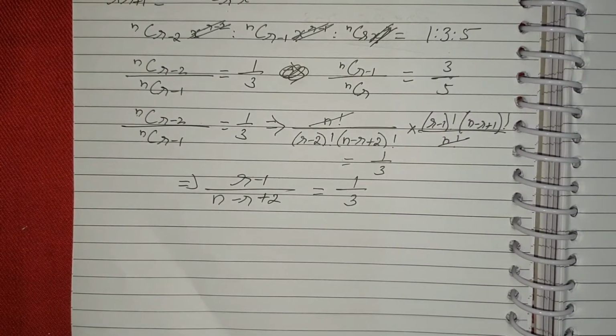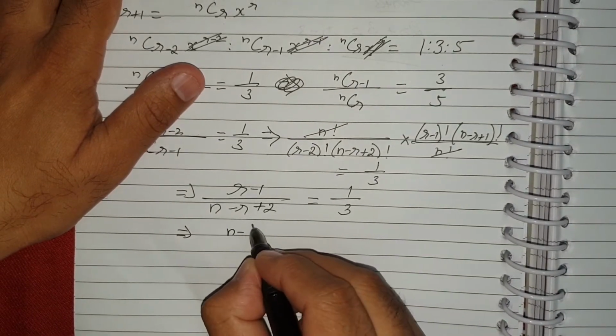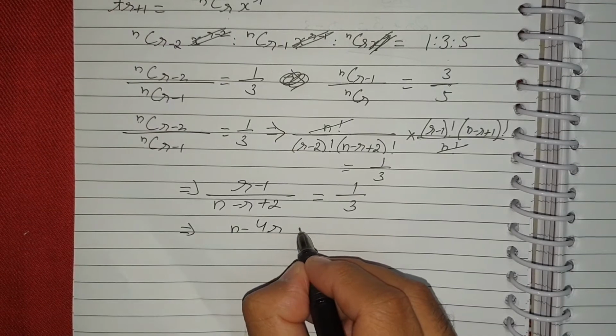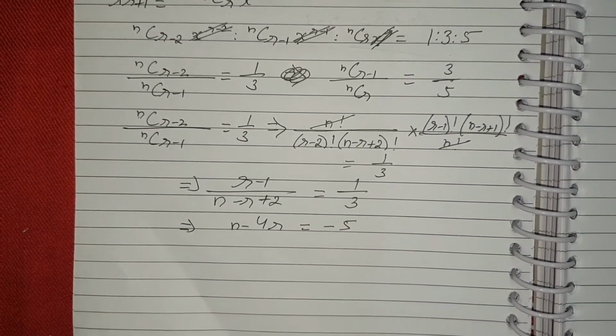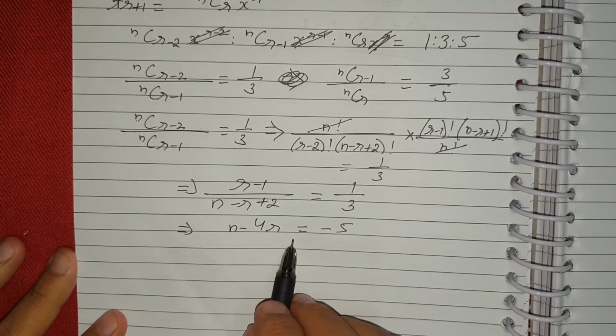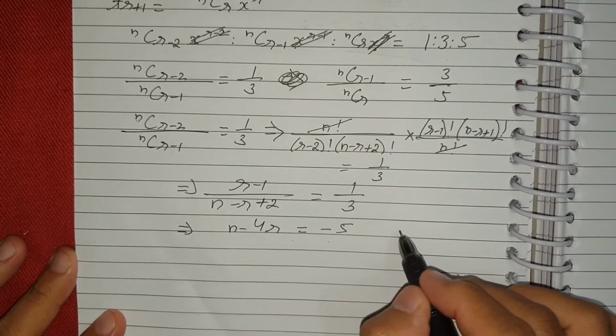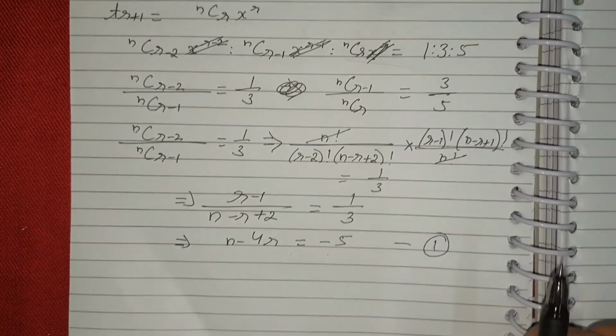So now you solve it again. This will be n minus 4r equals minus 5. This is the first equation. Now the second ratio was this.